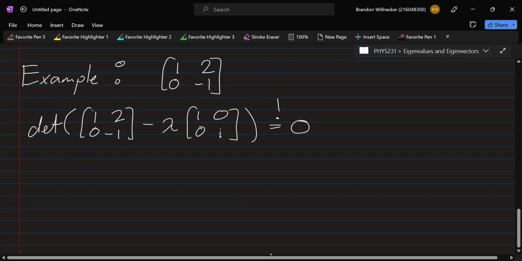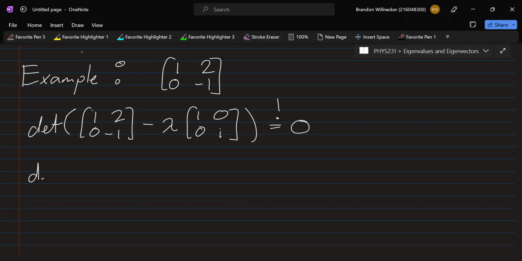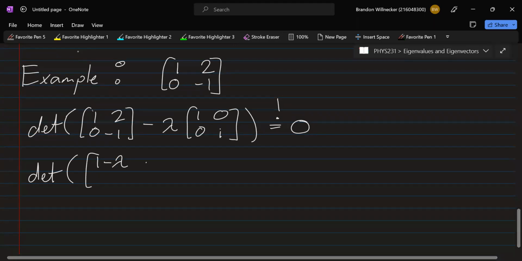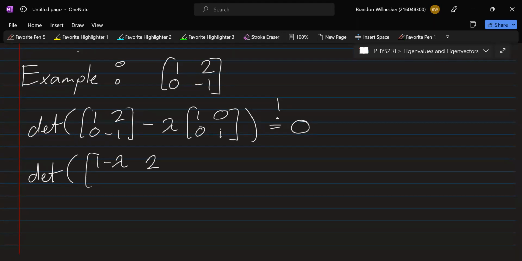Okay, so let's put everything together, and then we end up with the determinant of 1 minus lambda, then 2 minus 0, so that's just 2, 0 minus 0, that's still 0, and minus 1 minus lambda, so that's minus 1 minus lambda.